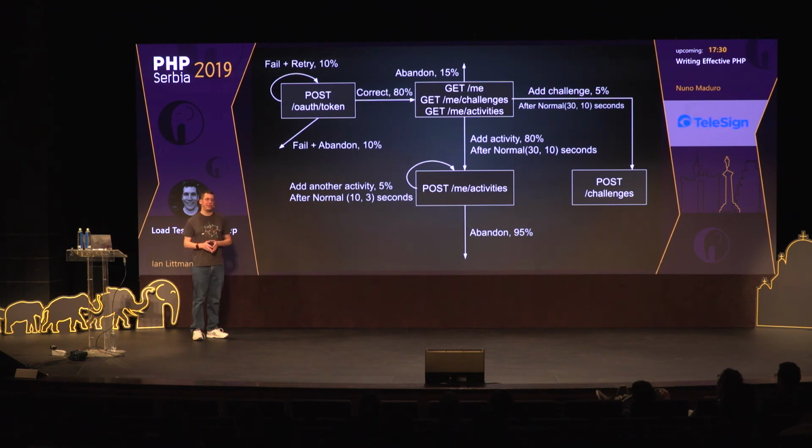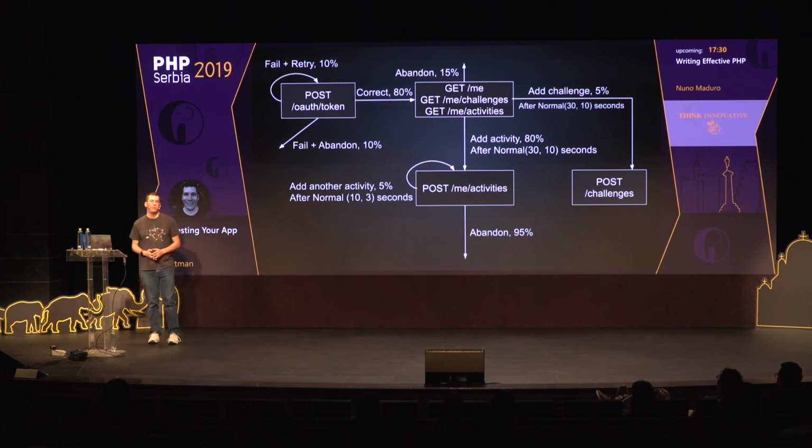So of those 20%, half or 10% of the total decide this isn't worth it, I will enter my fitness data later, and they leave. Another 10% try again. This time they get their password correct and are able to move on to the next step, which is making 3 simultaneous requests to their profile, their activity list, and the leaderboard for challenges to see where they stand on those particular events.